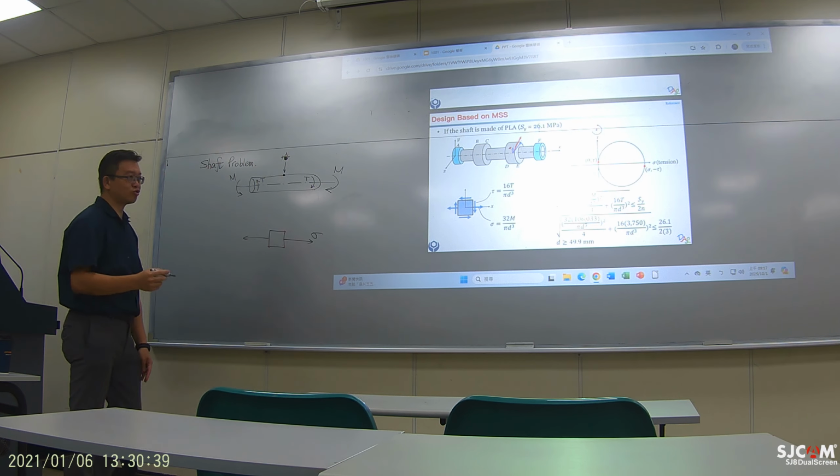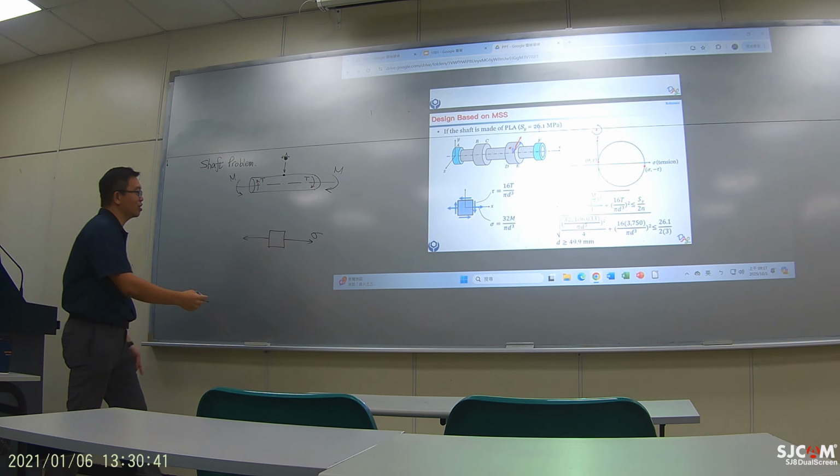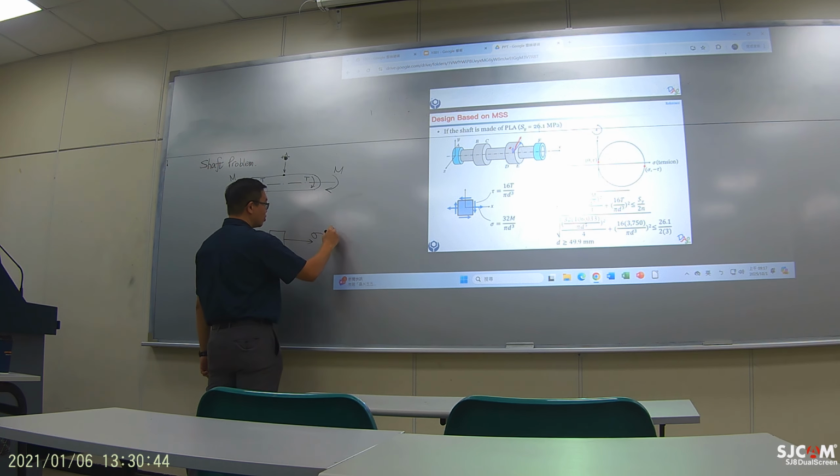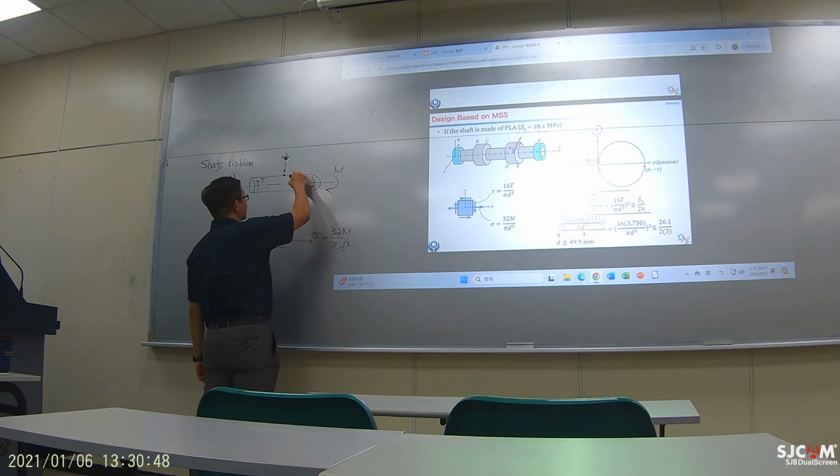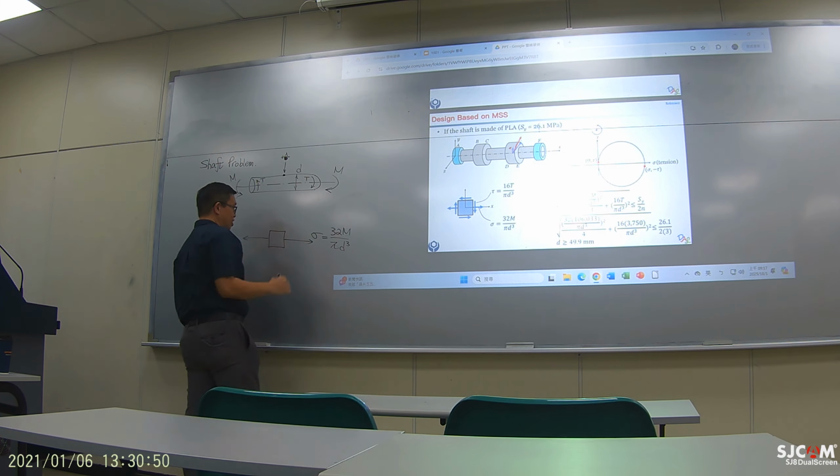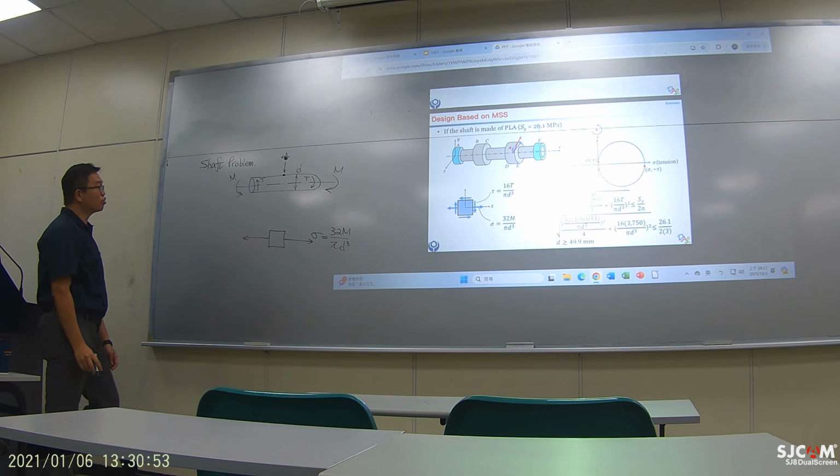So the stress due to that bending equals 32M over pi d cubed, where the diameter is d.